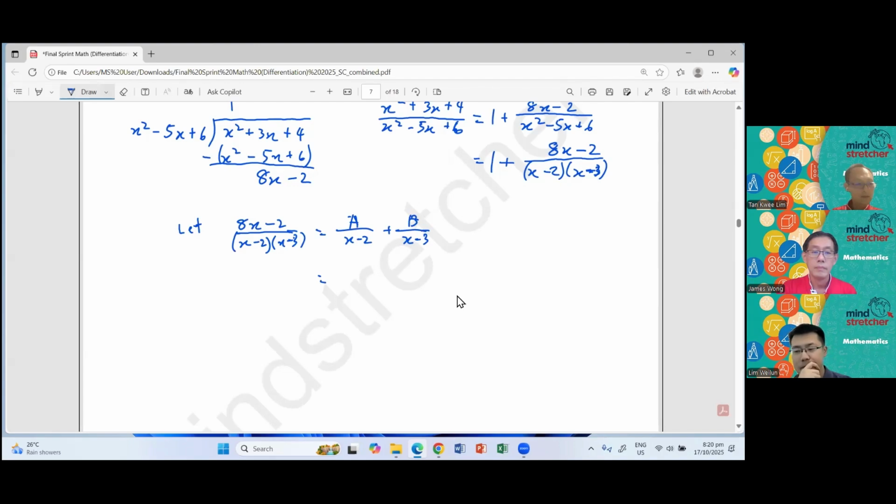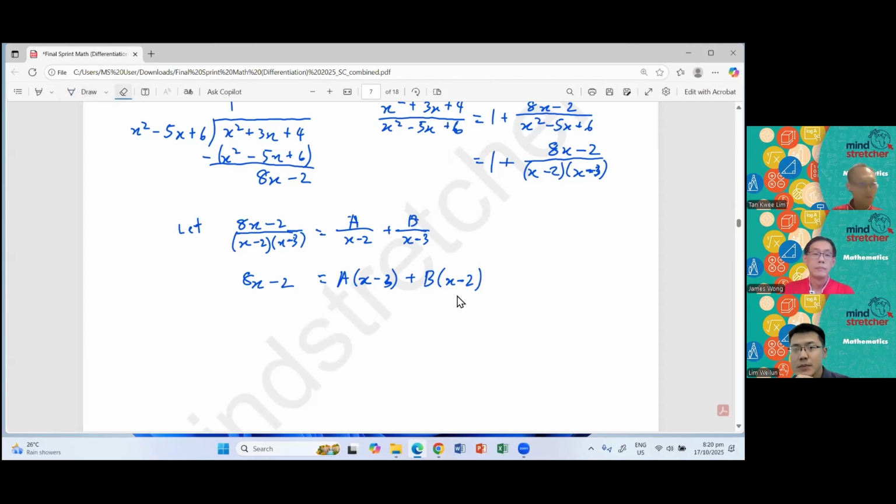Then we multiply throughout by x minus 2, x minus 3. We will have 8x minus 2 equals A times x minus 3 plus B times x minus 2. Wait, we have to consider when x equals 3.